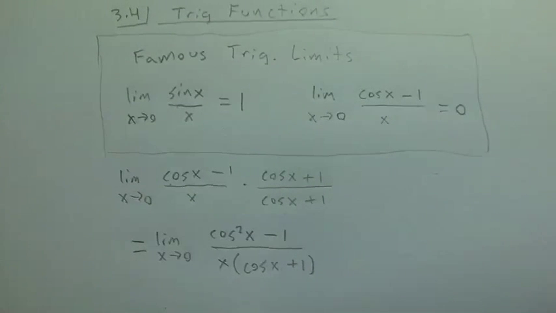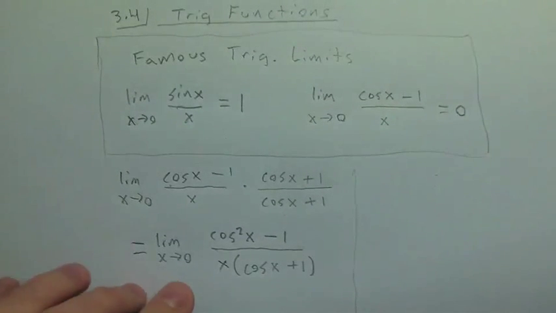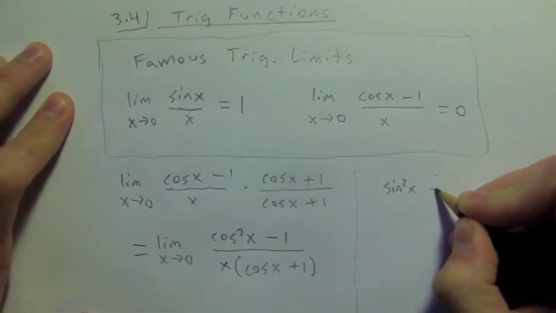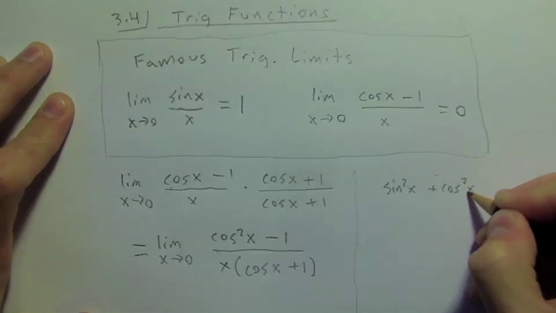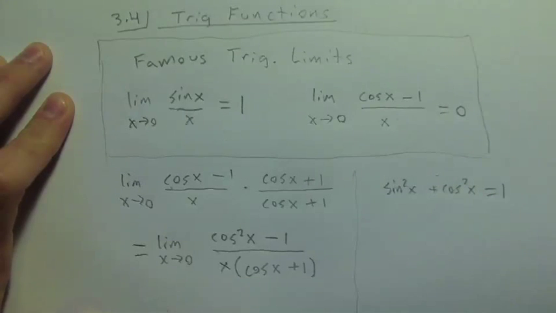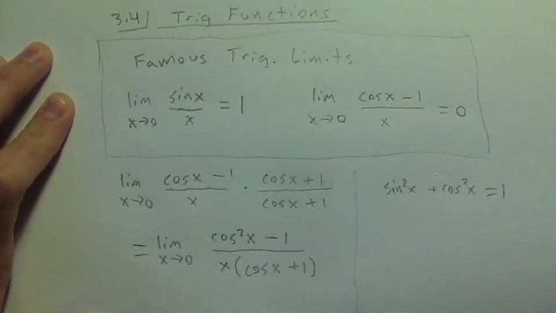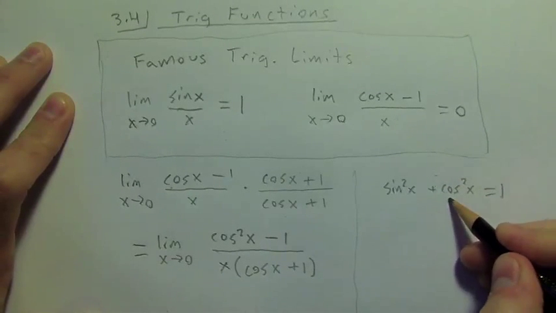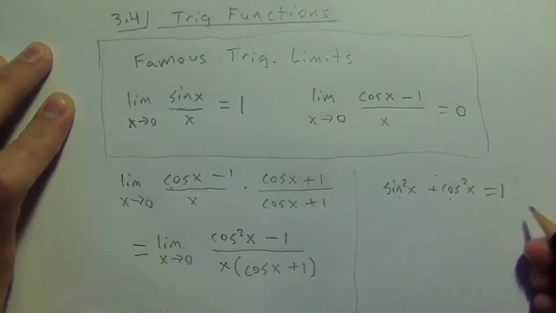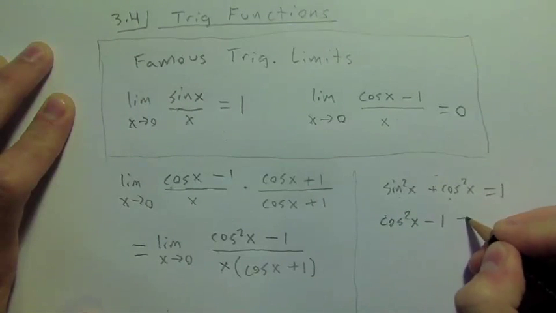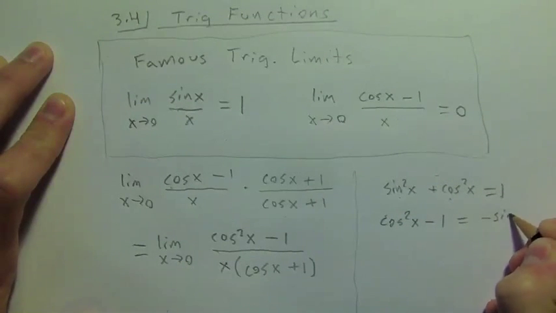All right, and you might be thinking, well, now what do we do? Right? This hasn't really simplified anything. But we're going to start using identities. All right, and the most important trig identity we have is that sine squared x plus cosine squared x is equal to 1. And that isn't exactly what we have here, but if we start moving things around, say if I move the 1 over to this side and the sine squared x over to this side, we would get cosine squared x minus 1 is equal to negative sine squared x.